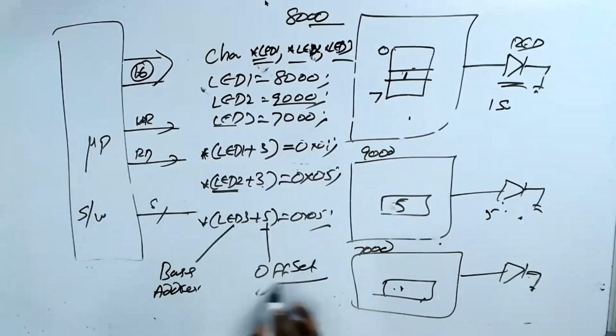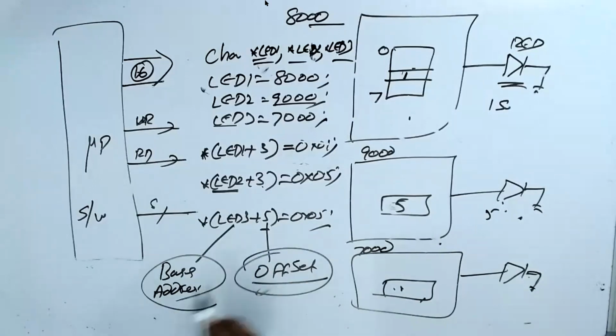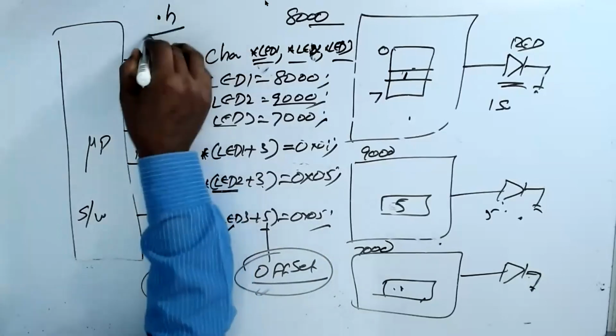Normally in interviews, people will ask you what is a base address, what is an offset. You need to know these things. Also, while programming, you have to know all these things. This is another trick. They give you a .h file, a header file.